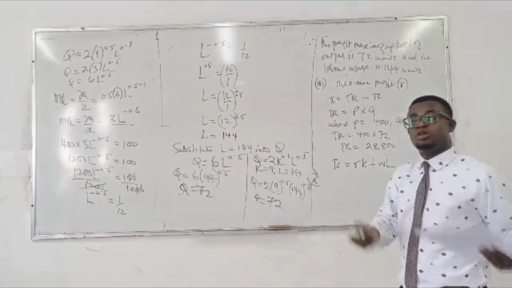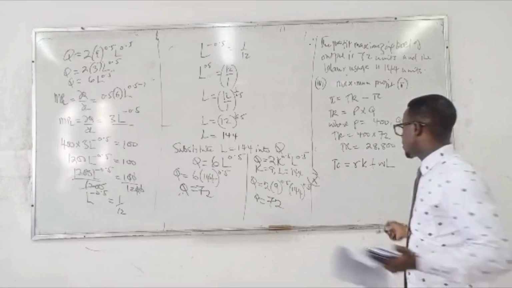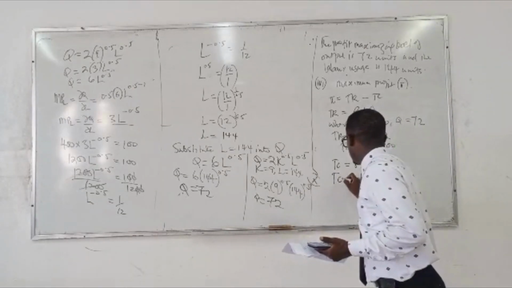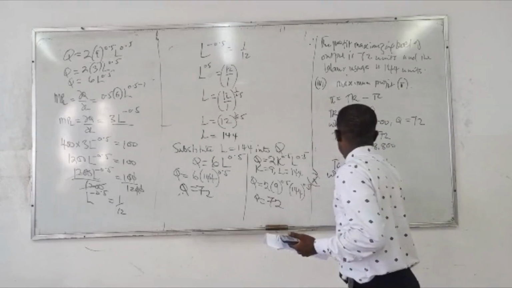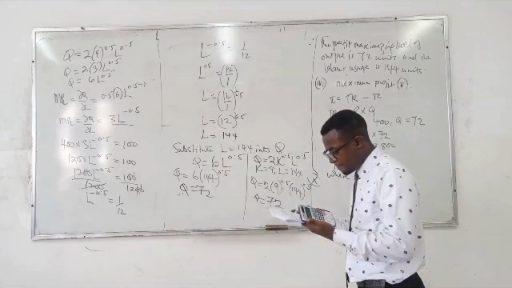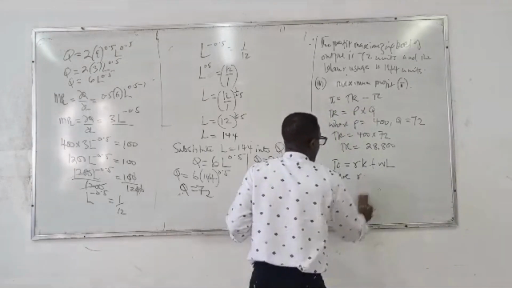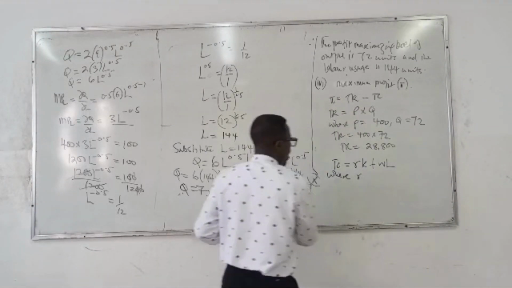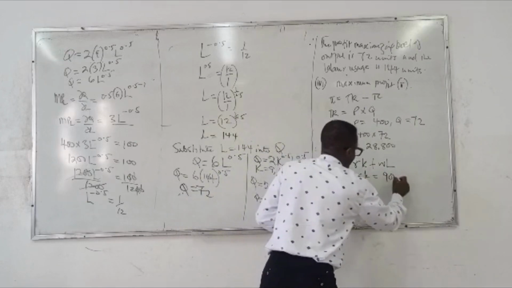In other cases, they might say price of labor, cost of labor, or cost of capital, price of capital. So total cost will be equal to, where we weren't given any specific value for R, but we're given where RK equals what? 9,000.